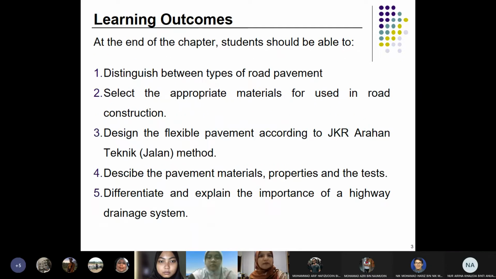Alright, so these are the learning outcomes. Number 1 and number 2, I want the students to know how to differentiate between the types of road pavement. Then, once you know the types of road pavement, we assume that the student will be able to select appropriate material for road construction.